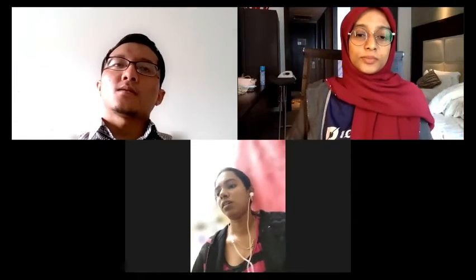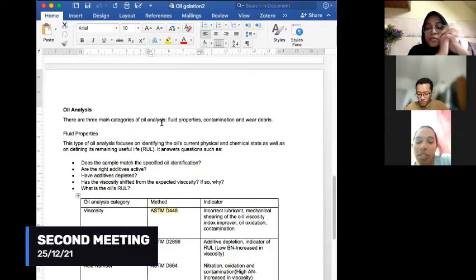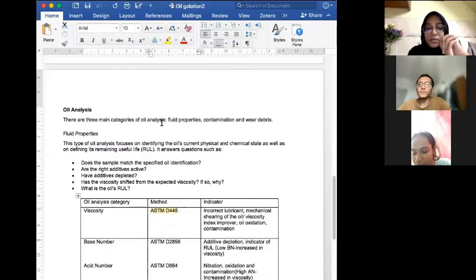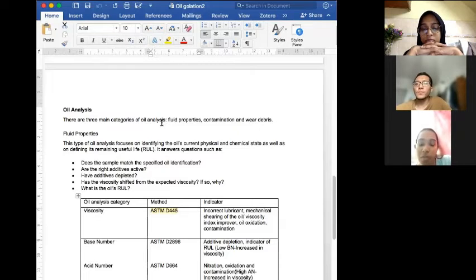Okay, understand. So according to our last discussion, we want to study the effect of temperature on the viscosity. Now we have 2 types of sample, right? One sample is from the company itself. They bought this oil from the manufacturer.